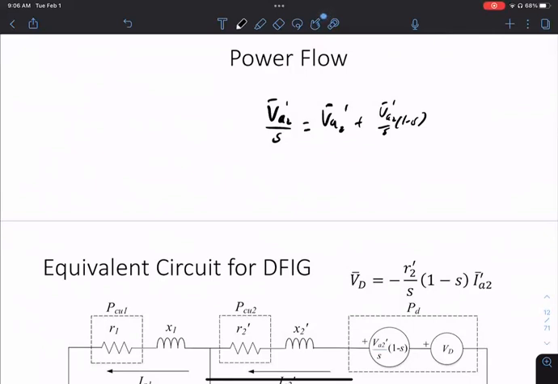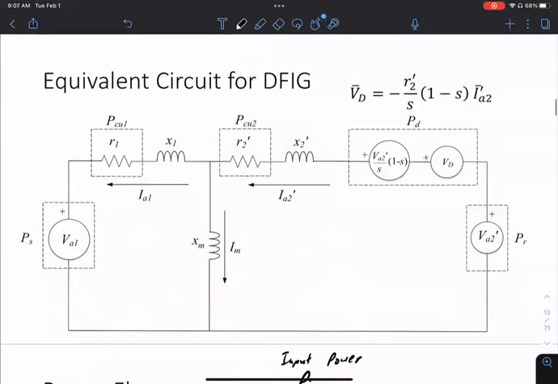For example, we do this with R2 prime: R2 prime over S, you can separate out into two parts. So this is the same trick. At the end of the day, this is sort of accounting inside the machine. The math is equivalent if you just add it together, but accounting-wise, this is easier to think of.